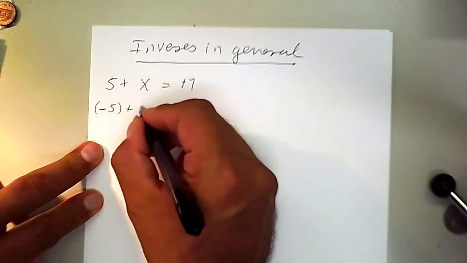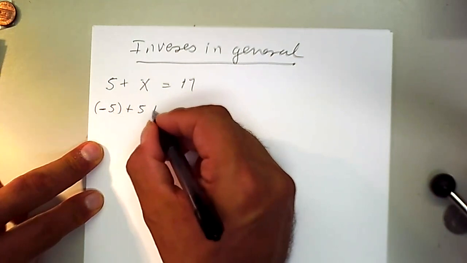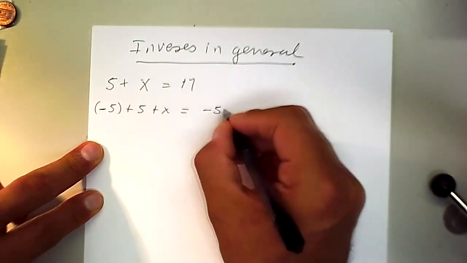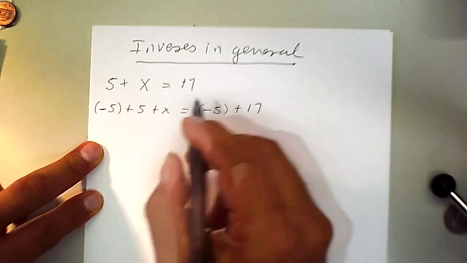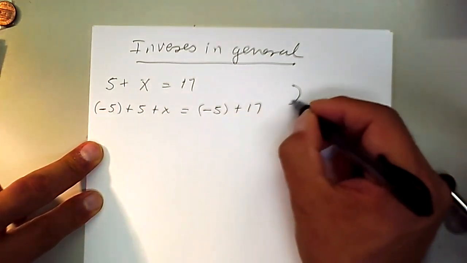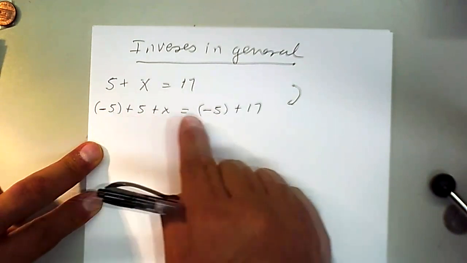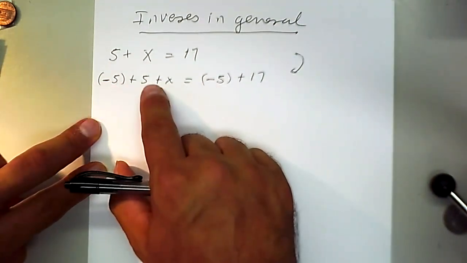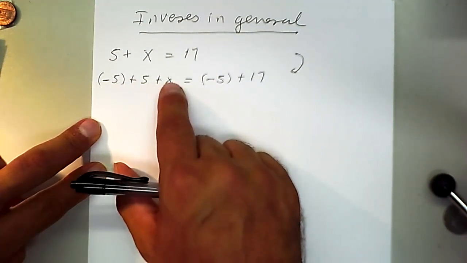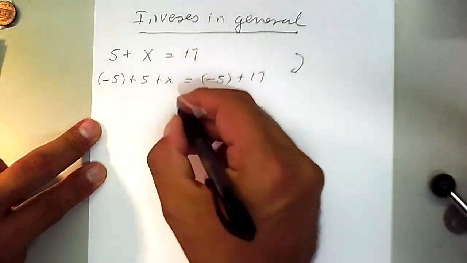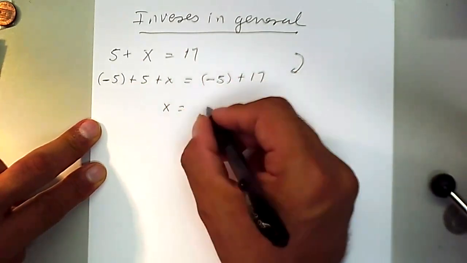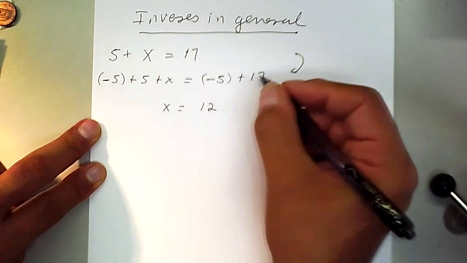So now we're going to have negative 5 plus x equals negative 5 plus 17. So we go from this equation to this equation by adding negative 5 to both sides of the equation. Of course, we're going to end up with 0, which does not affect the addition. Zeros do not affect addition. So x is equal to, and then here we compute this addition. And of course, the answer is 12.